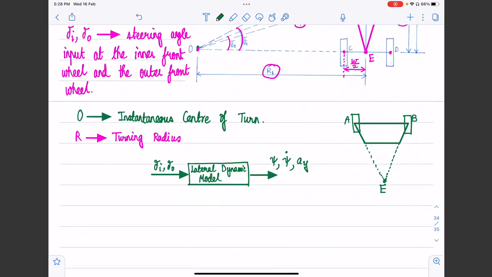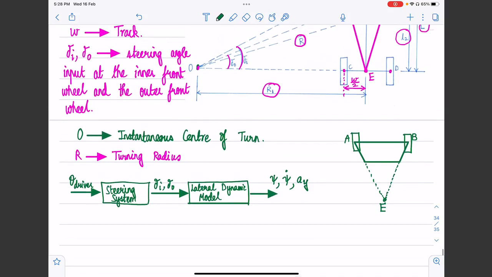However, if we go from the steering system to the lateral dynamic model, we may have the steering angle input given by the driver, or the steering wheel, to give the angles of the steered wheels. Delta I and delta naught are the angular displacements of the steered wheels.